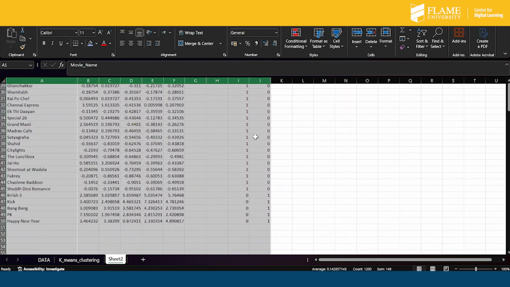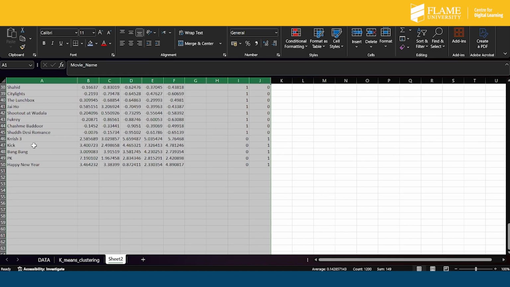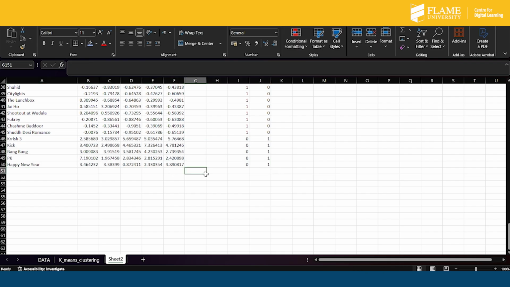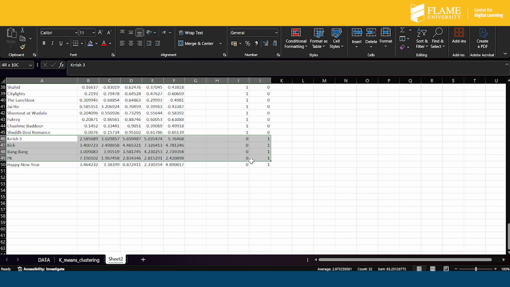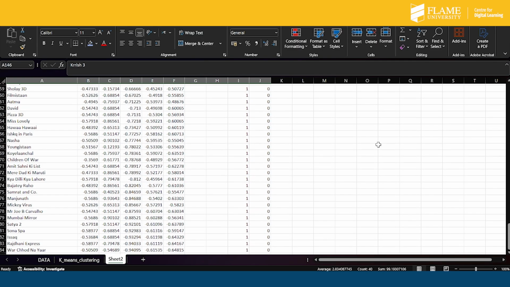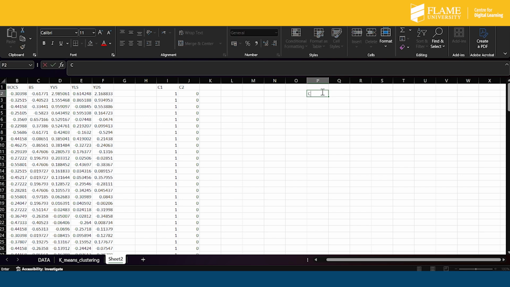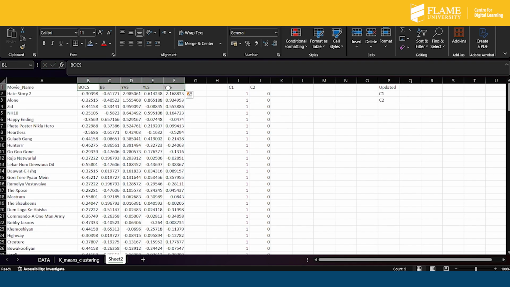So here you can check that in my cluster 2 I have only 1, 2, 3, 4, 5 movies. Based on this I have to calculate my new centroid. So if I calculate my centroid, these are the updated C1 and C2, and the feature values I have to put over here.